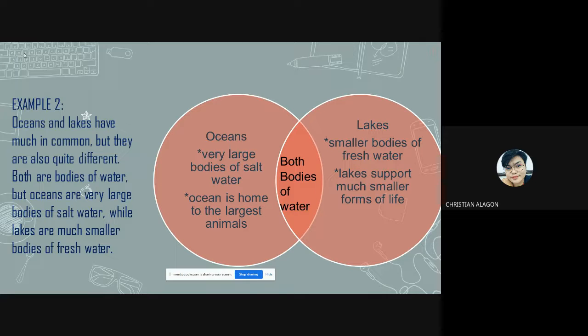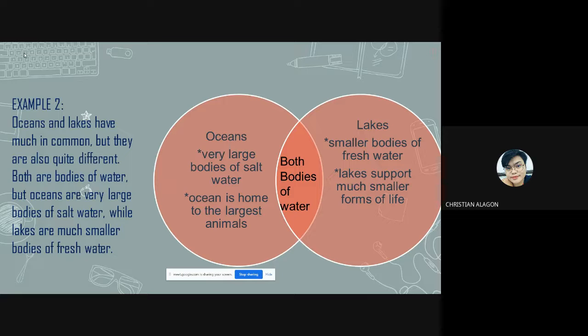So their differences: the ocean is a very large body of salt water and is home to the largest animals.